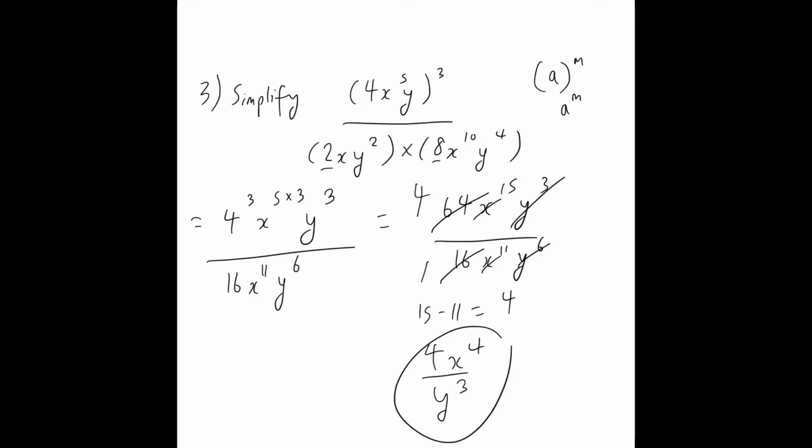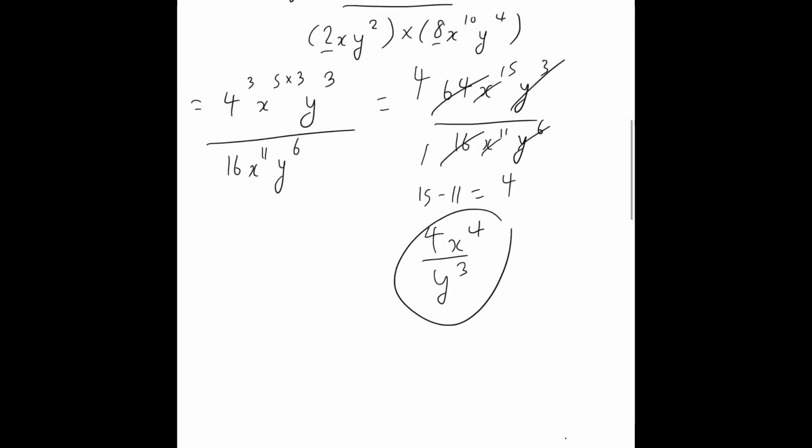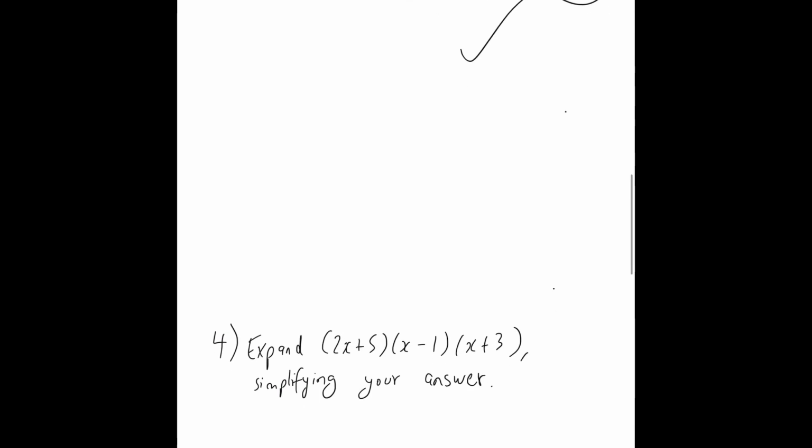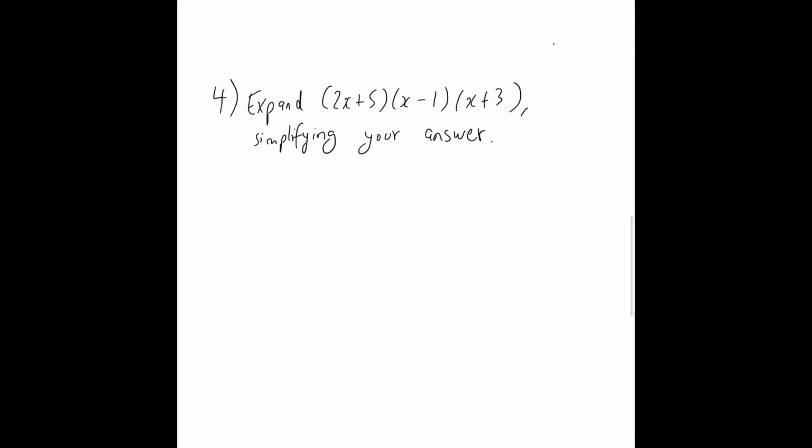Now you can leave it like this, or you could leave it as 4x raised to the power 4 y minus 3. Both answers are correct, so you can leave it any way. You can leave it as a fraction, or you can leave it as a number itself. So this seems to be correct. Alright, let's move on to the next question.